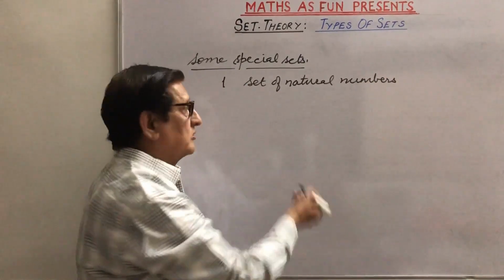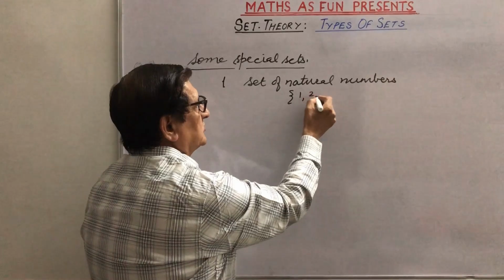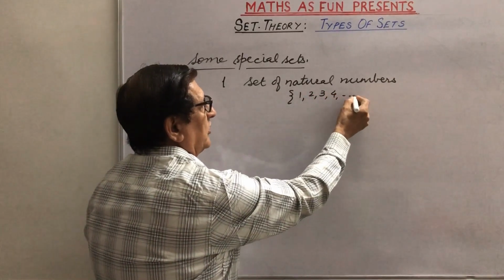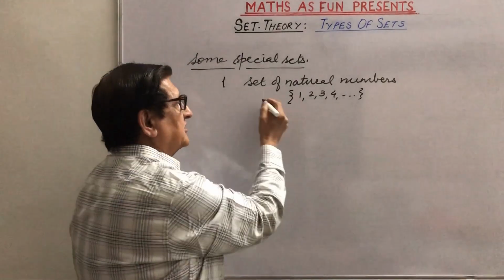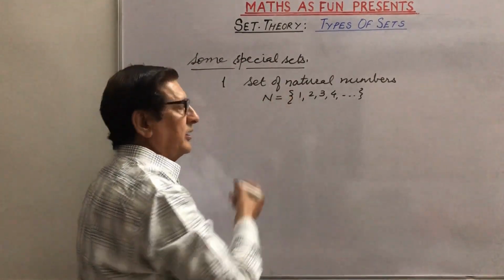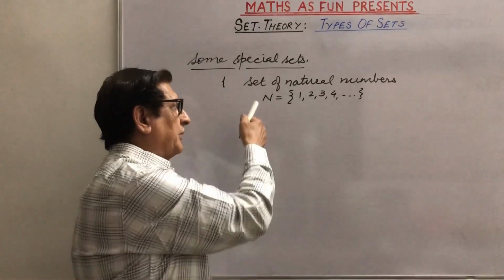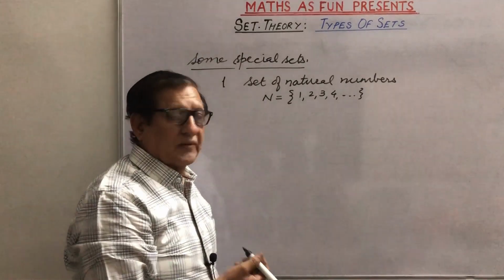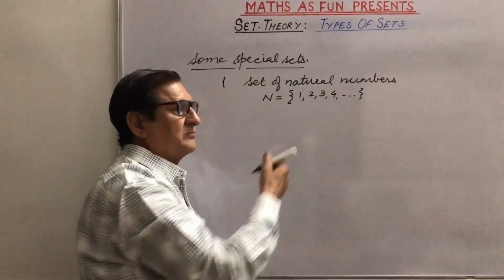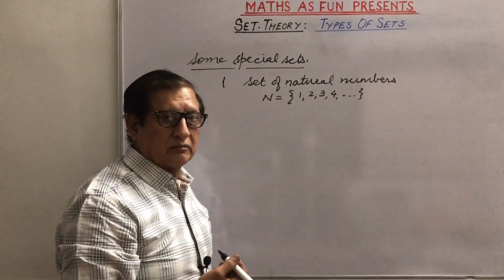We know all the natural numbers are 1, 2, 3, 4 and so on. This set is represented by capital N. If somewhere capital N is written, it means this is a set of natural numbers and its elements are represented by small n.